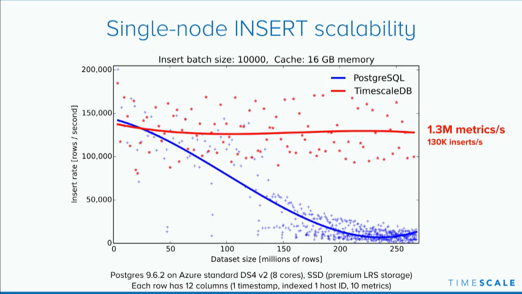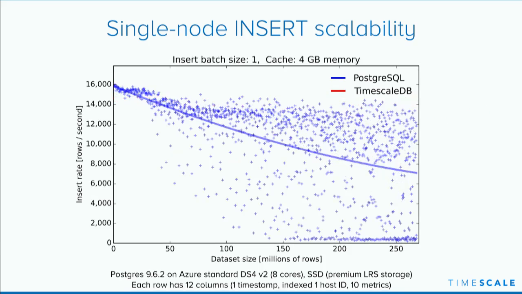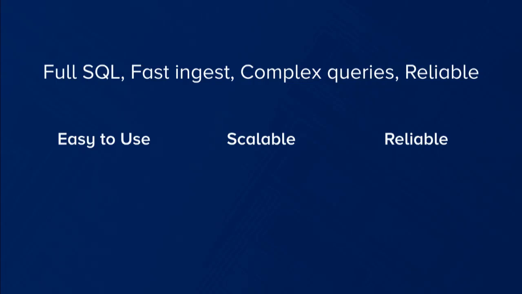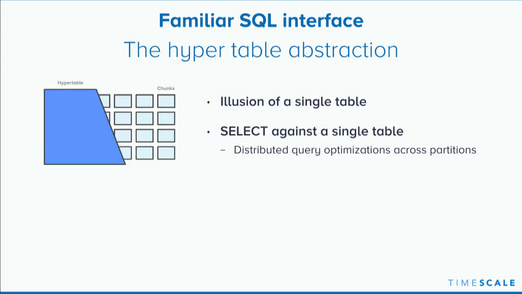Even though this is single node performance, and the current open source database is a single node database, the partitioning and chunking we do essentially partitions your data across your user-defined partitioning key and by time, and we provide the illusion of a single continuous table on top called a hypertable.